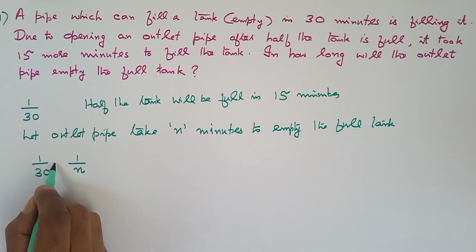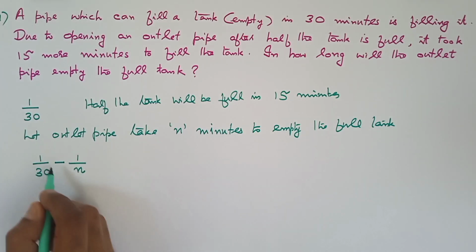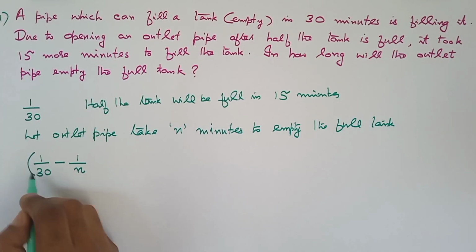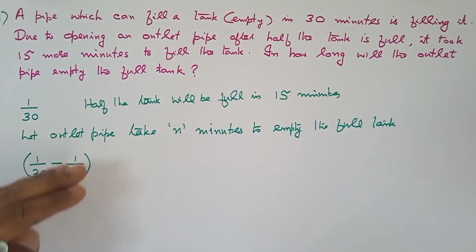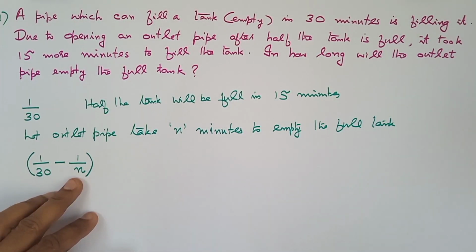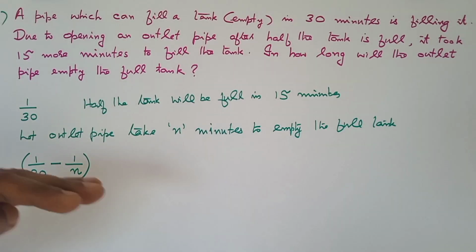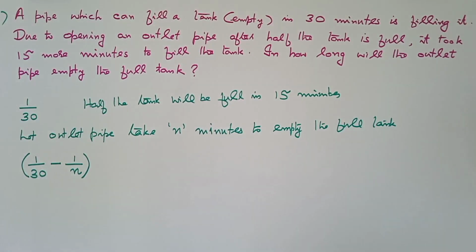So this is the inflow, this is the outflow. If you take the difference, you get the net flow, rather the amount of water filling the tank in 1 minute. Now how long will it continue to do that? We are looking at the second 50%. Half the tank is already full.